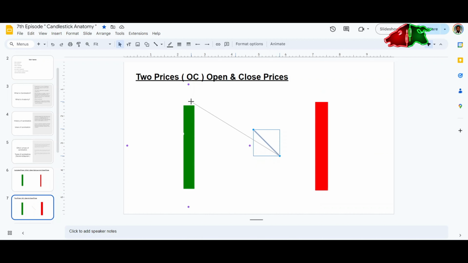Open, close price, no wick. So just those 2 prices. OC, open and close. For the bullish, the open is down, the close is up. Then for the bearish candle, the open is up, the close is down.